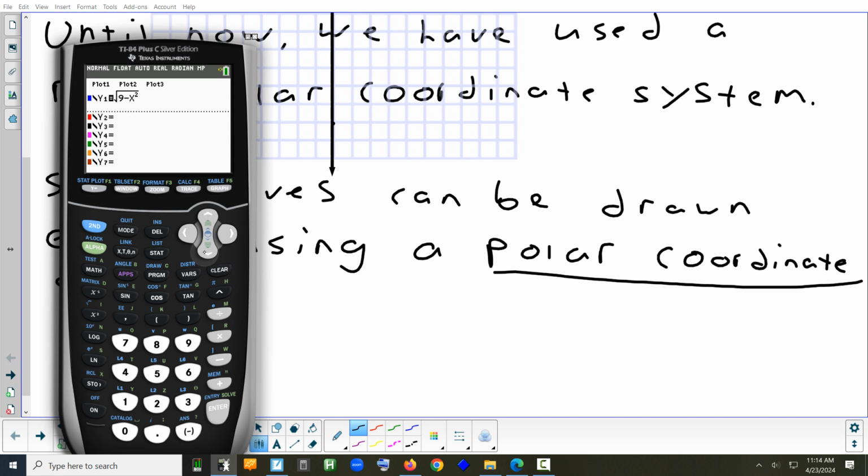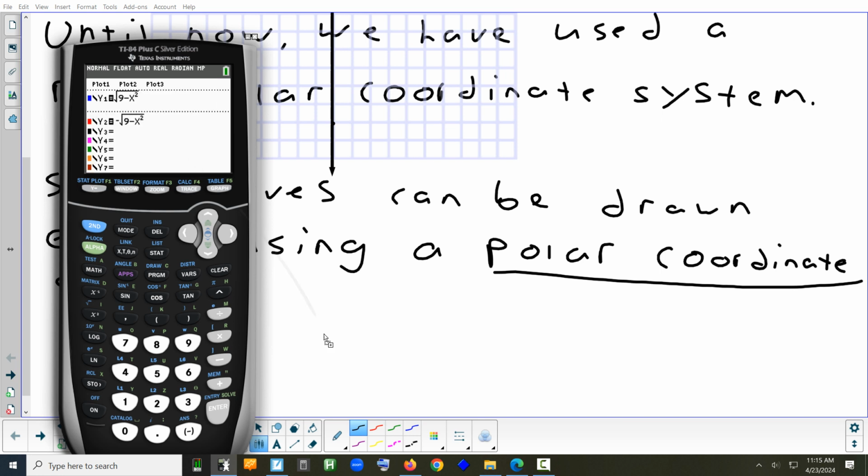And now I also have to do the bottom half, so I'll do a negative to reflect it, and I'll type in the same thing. And that's all we can do. It doesn't even really connect because the sides of the circle start to get vertical, and the calculator doesn't know what to do when it's in function mode and things start to get almost up and down.